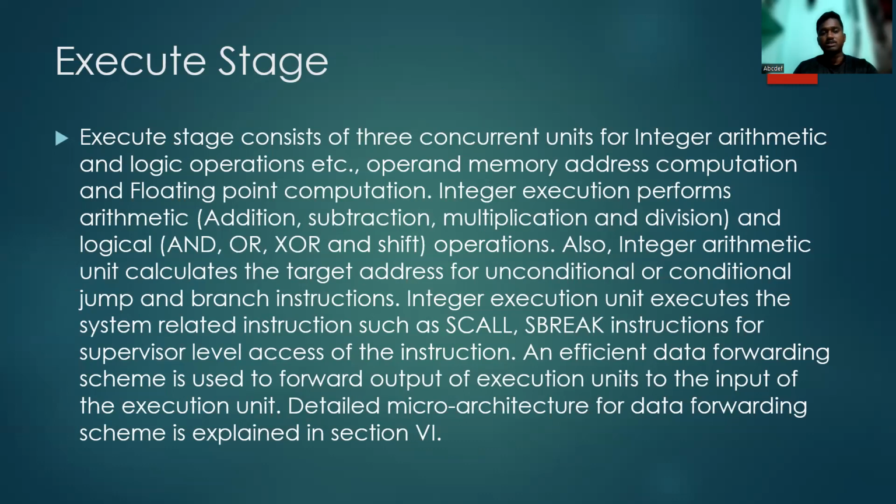Also, the integer arithmetic unit calculates the target addresses for unconditional or conditional jump and branch instructions. Integer execution unit executes the system related instructions such as SCALL, SBREAK, instructions for supervisor level access.